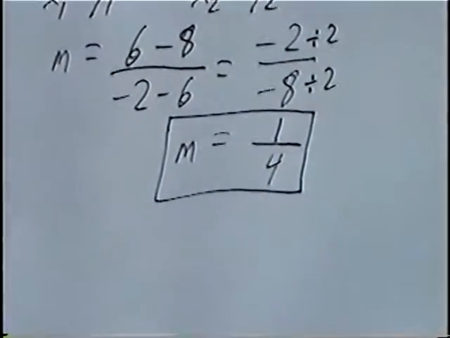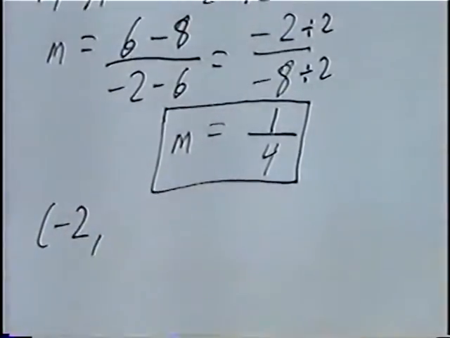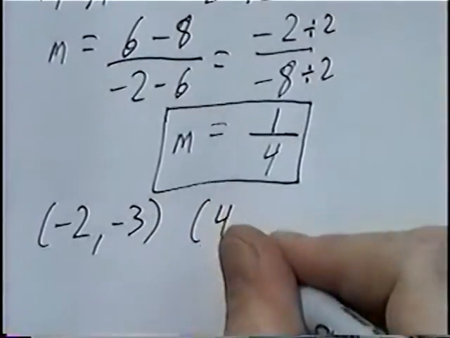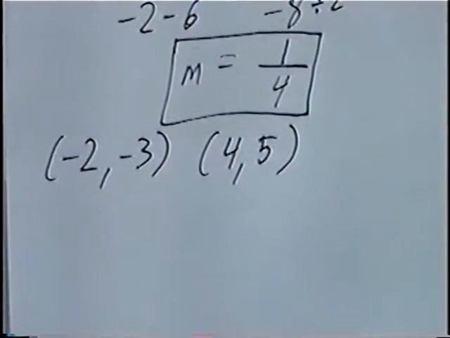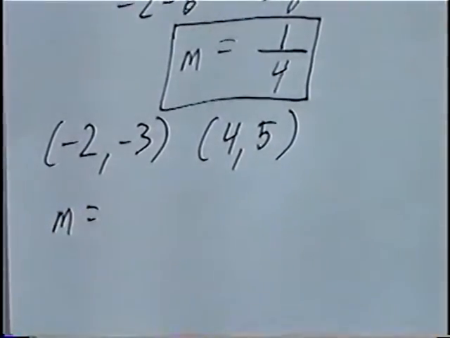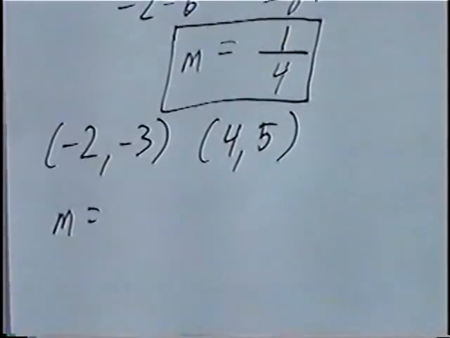Second question, and last question for the section. First point, negative 2, negative 3. And the second point, 4, 5. The equation again, m equals, we'll subtract the second y value minus the first y value.